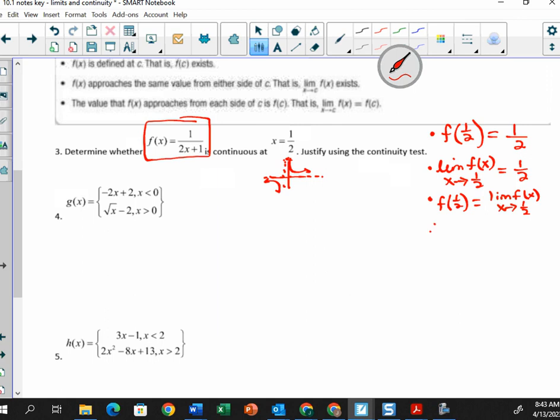Therefore, f of x is continuous, and we can abbreviate, at x equals 1/2. Now, we're not saying the entire graph is continuous, because it definitely isn't. But at x equals 1/2, yes, the graph is continuous.